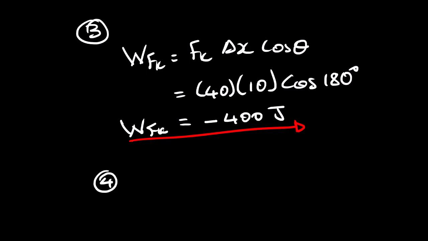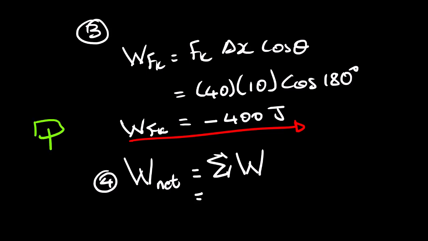Then number 4 is the work done by the net. Actually, we're calculating the net work. So to find the net work, we are going to take the sum of all the work done by all the forces onto the object.